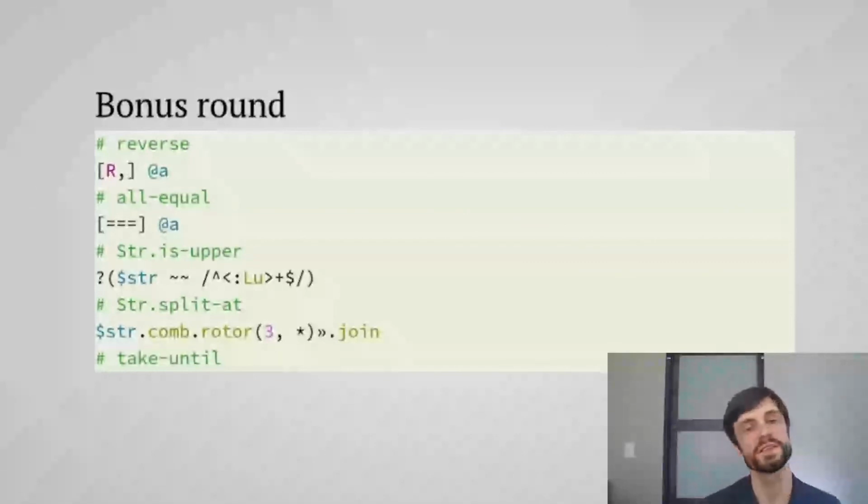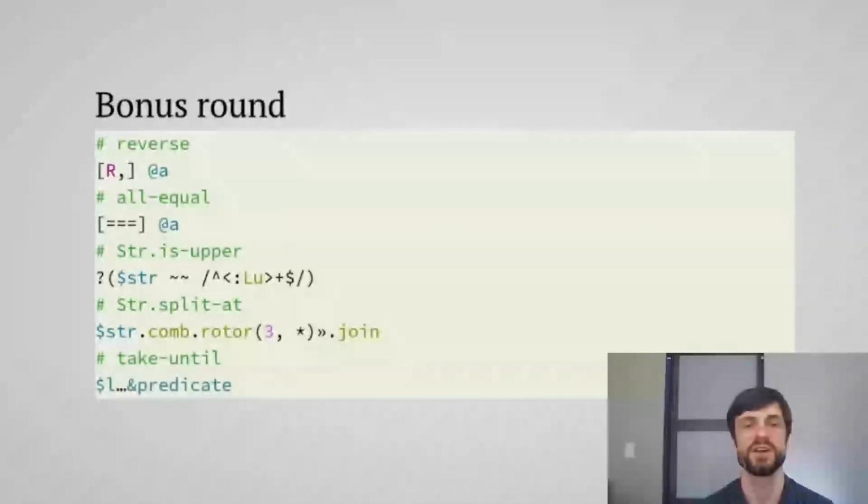And finally, for this slide, I want to mention the power of the sequence operator. The example here is take until, but the point that I'm making is that we typically think of the sequence operator operating over a list of items that it is generating itself, but note that if you already have a list, you can also use the sequence operator with that existing list.